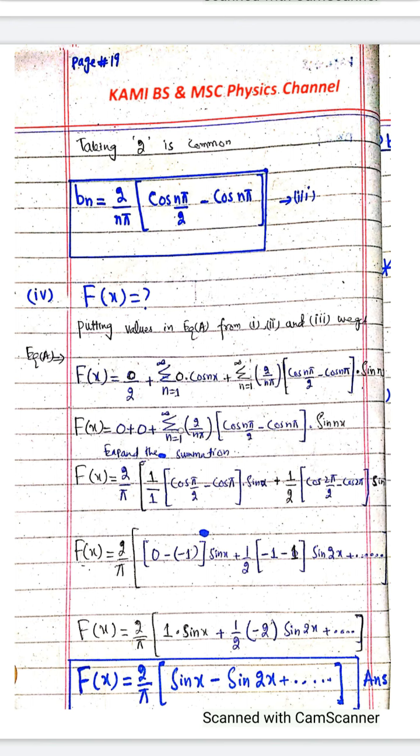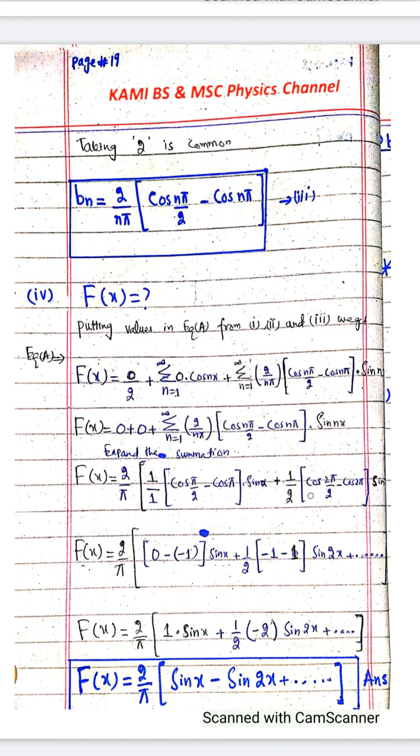So we will expand this series. If n is equal to 1, this is 1 over 1. Here 2 divided by pi is also taken out from the brackets. So here we put n equal to 1: 1 over 1, cos pi by 2 minus cos pi, into sin x.